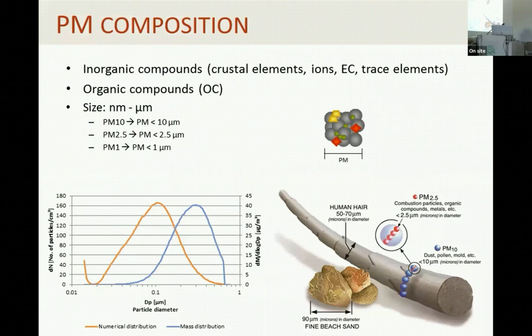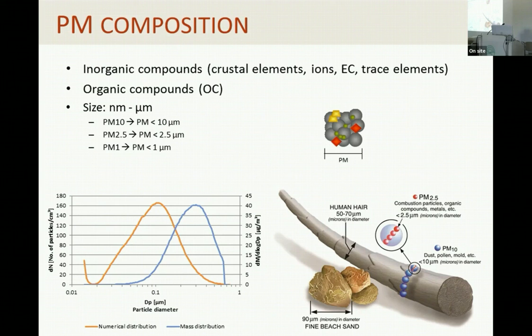PM represents a very diverse group of particles, which depends on their source. They may contain inorganic compounds, such as crustal elements from the Earth's crust, ions, elemental carbon from the combustion processes, and trace elements. Organic compounds are mostly organic carbon.